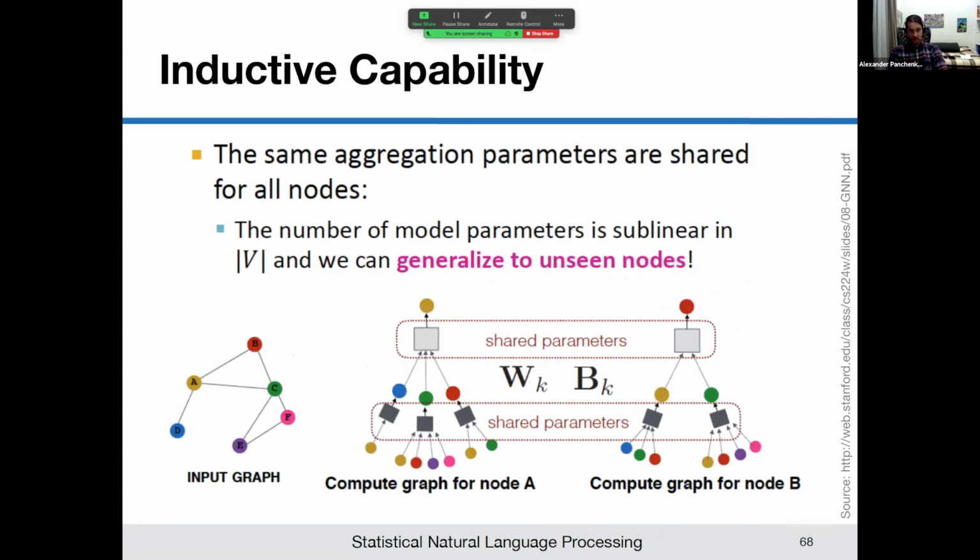Okay, and the very nice property of this GCN is that now, given some pre-trained matrices W_k and B_k, you are able to perform encoding for whatever network you have, for whatever new node you have.